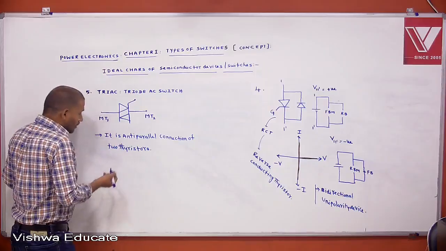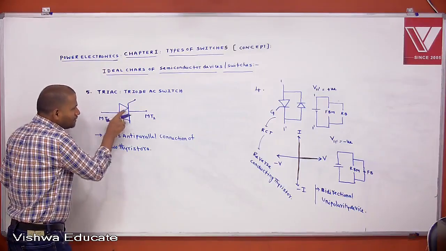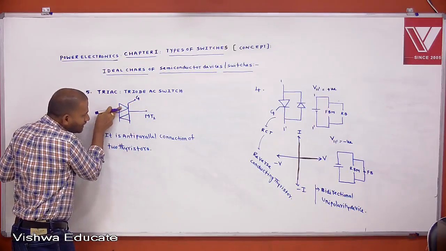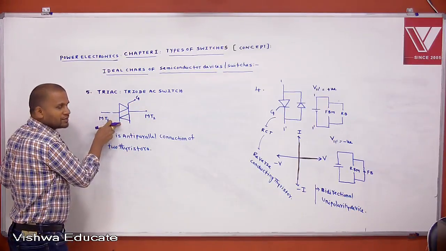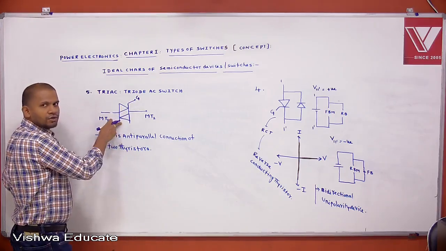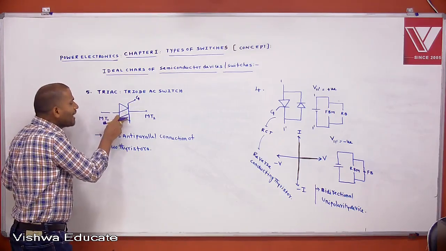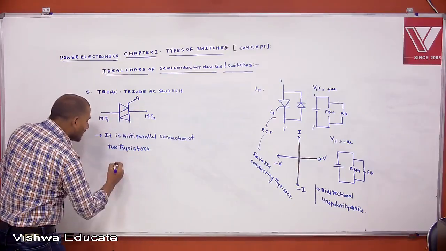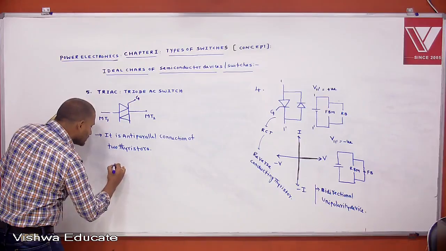Here, don't think like this. Here we have only one gate terminal. That's the reason why it is not one thyristor and one diode, it's meaningless. Internally, this gate is connected to this also. That's why it is an anti-parallel connection of two thyristors. The symbolic representation is also given like this.